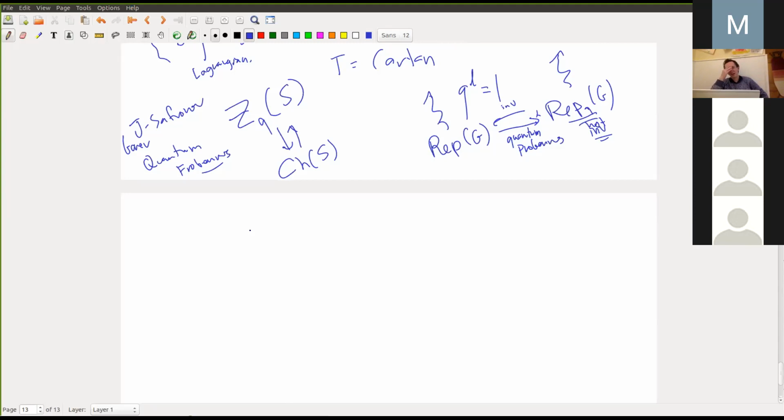Yeah, I think that's related to what I wanted to say. I would be very inclined to believe that there's an analogous story on the Betti side, but I'm not sure that one could just formally lift it through Riemann-Hilbert.